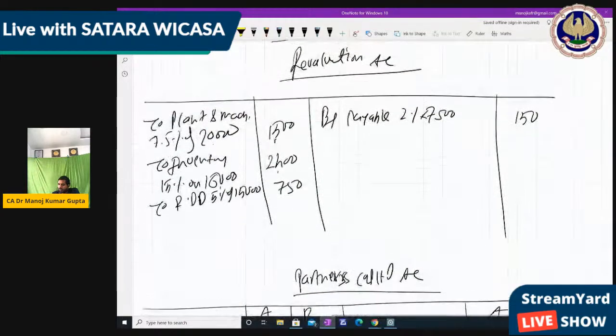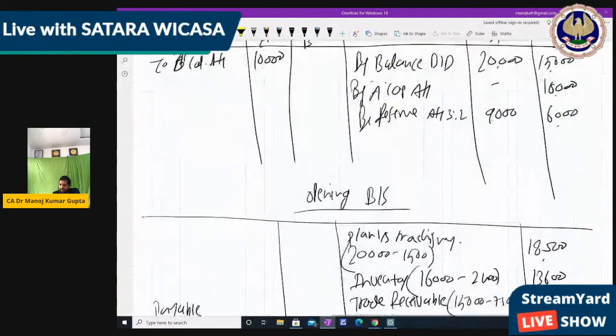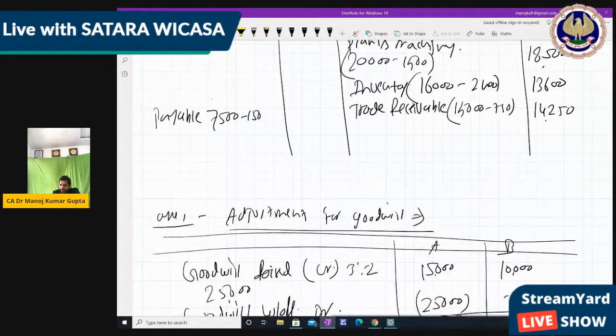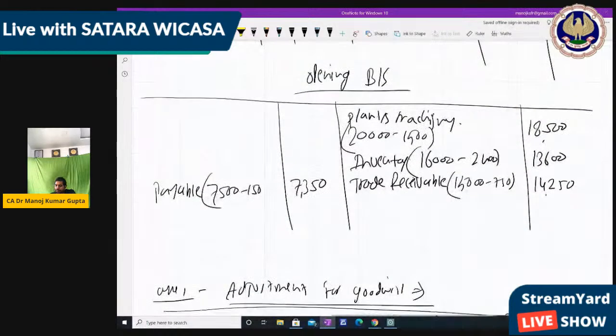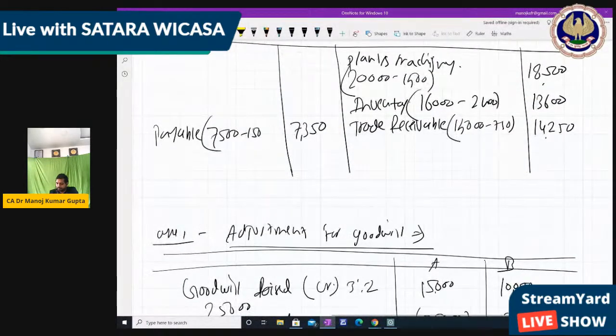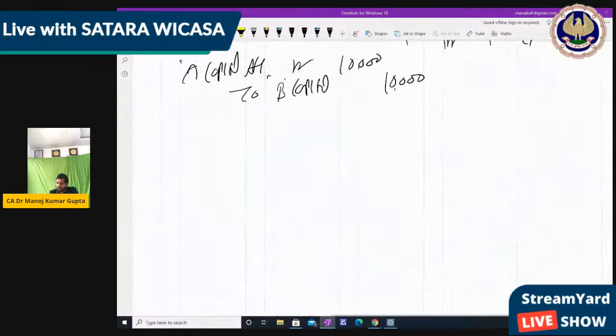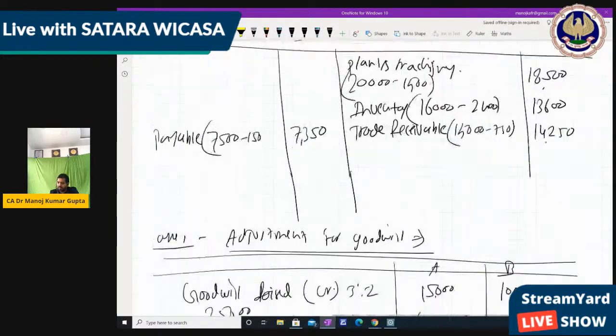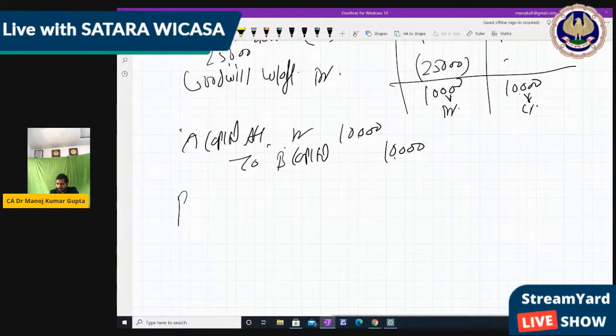Payable is how much? 7,500 less 150, 7,350. Right. That's all. Now we pass the entry for these things. Loss will be debit, so revaluation account debit.